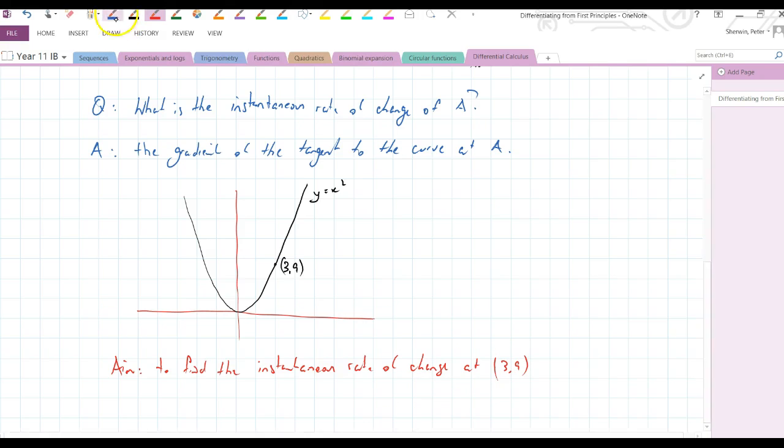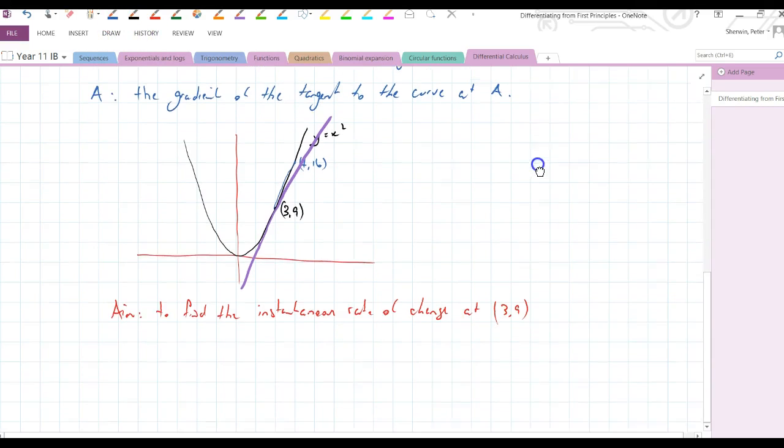What we could do is go to (4, 16), go to another point, and put a secant down. Firstly, let's have a look at this tangent at (3, 9). It's going to go through like this. It's a pretty wobbly old tangent, but you get the idea. The purple is the tangent. That's the goal. The purple is the holy grail. So the aim is to find the instantaneous rate of change at (3, 9).